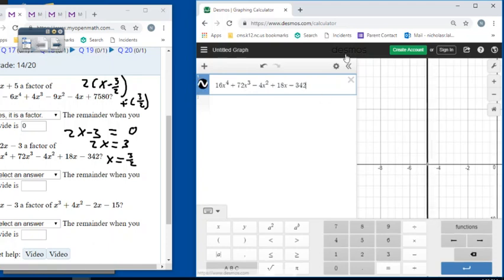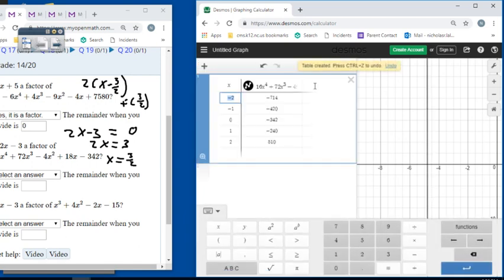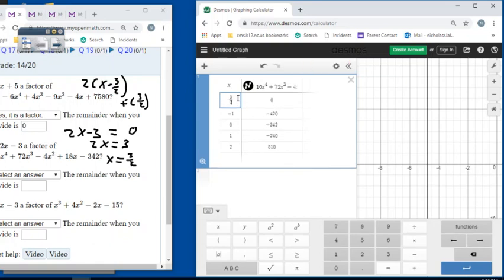All right, and then I'm going to find the value when x is equal to 3/2. Oh, that is 0. So the remainder is 0, and that is a factor.